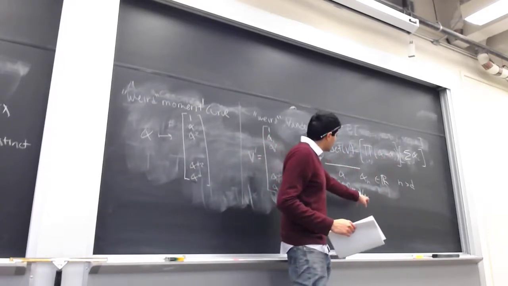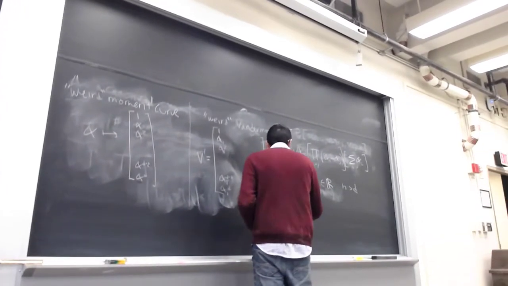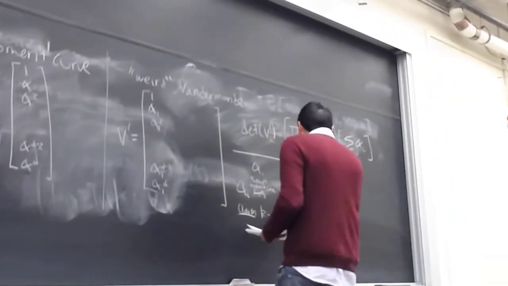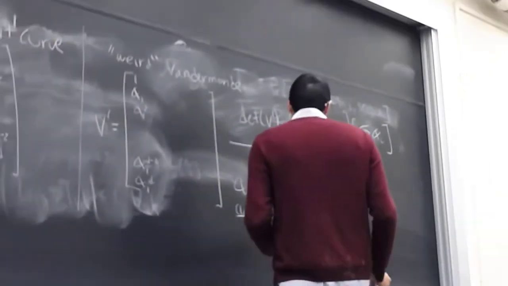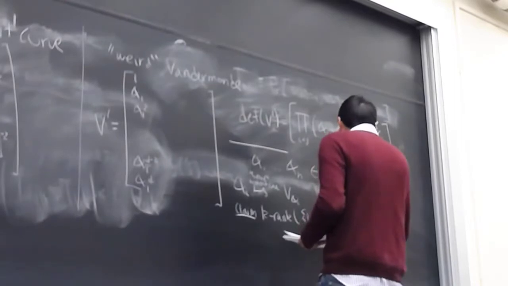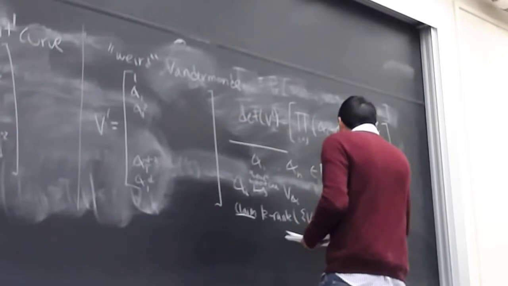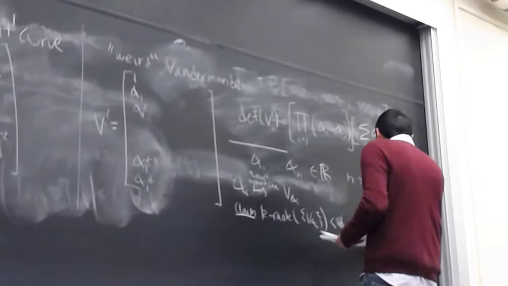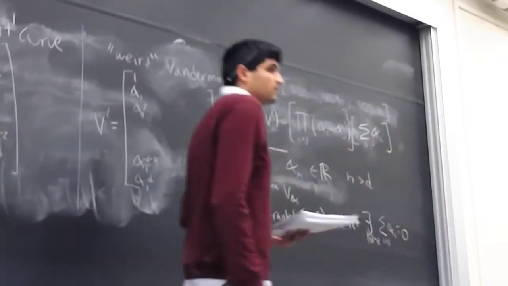And the point is that the k-rank of these vectors that we create is less than d if and only if there exists a set S of size d where the sum of the alpha i's for i in S is equal to 0. That's the point.